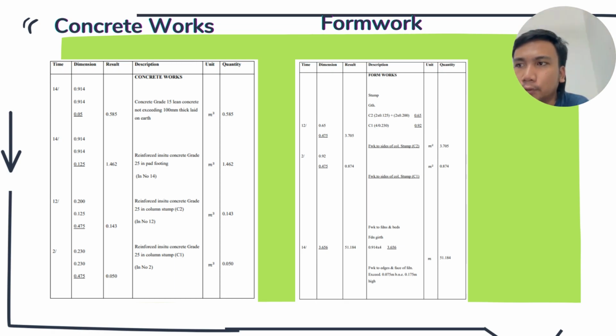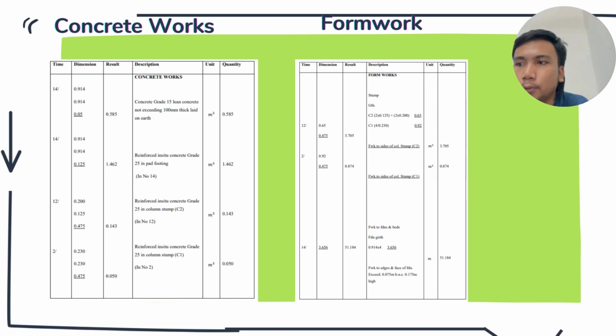For concrete grade 25 in column stump, 12 times 0.200 times 0.125 times 0.475 gives 0.143 meter cube.